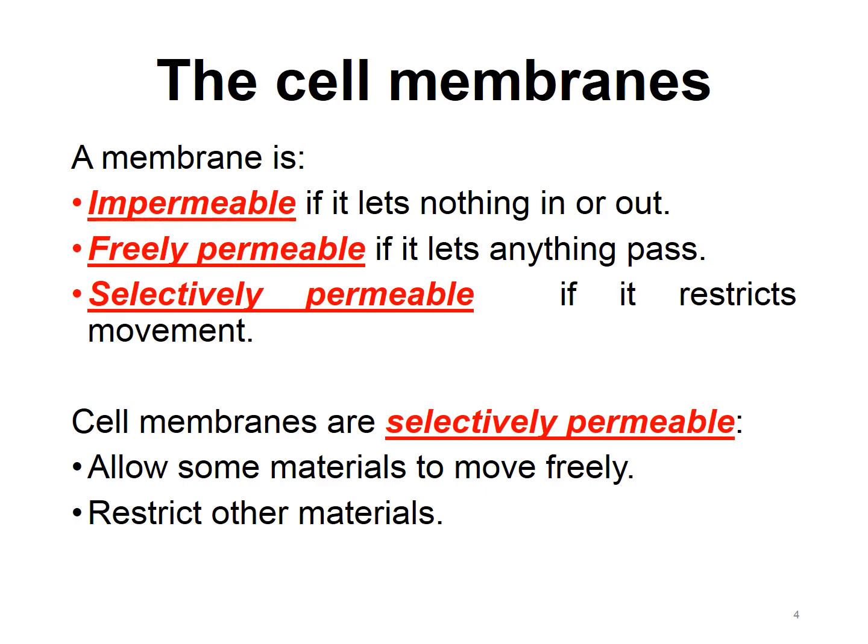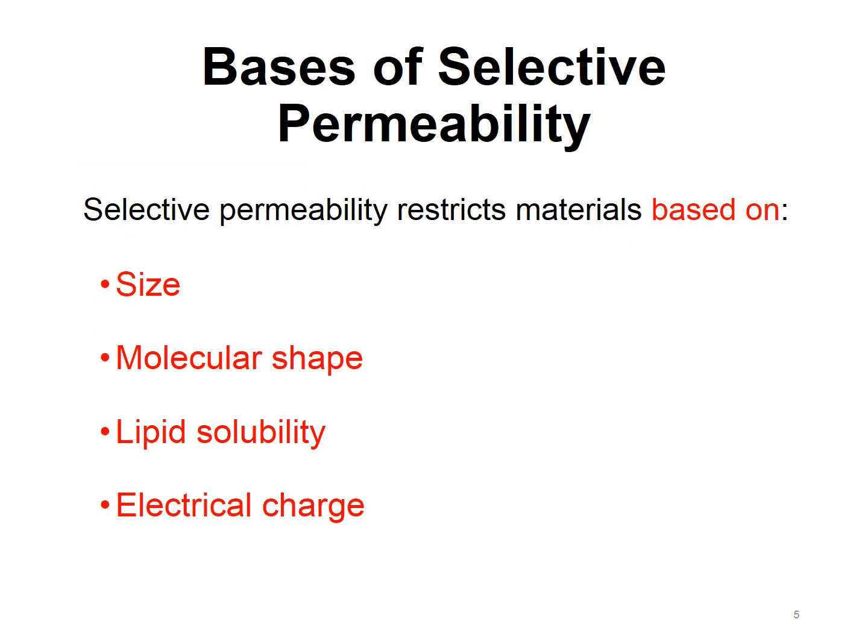We can choose. We can allow some substances to move in and we can prevent or restrict the movement of others. And actually the cell membrane in the living cell has selective permeability, allowing some materials to move freely while restricting others.